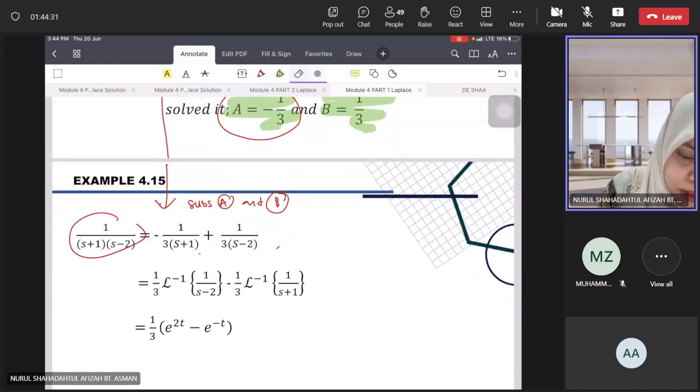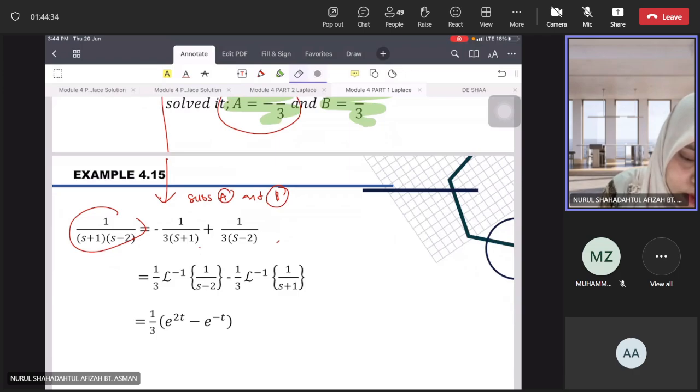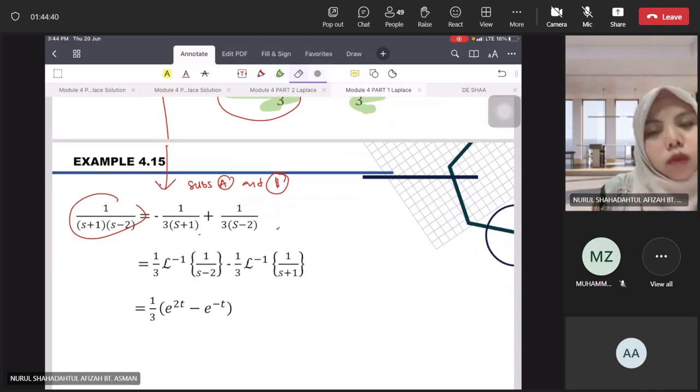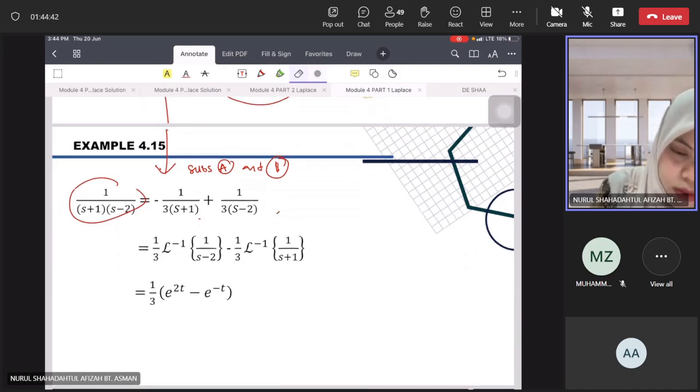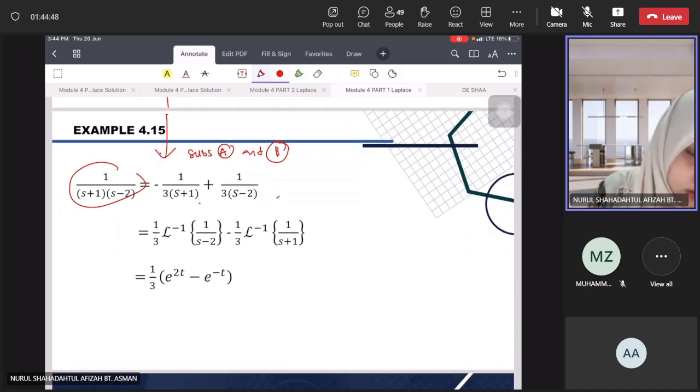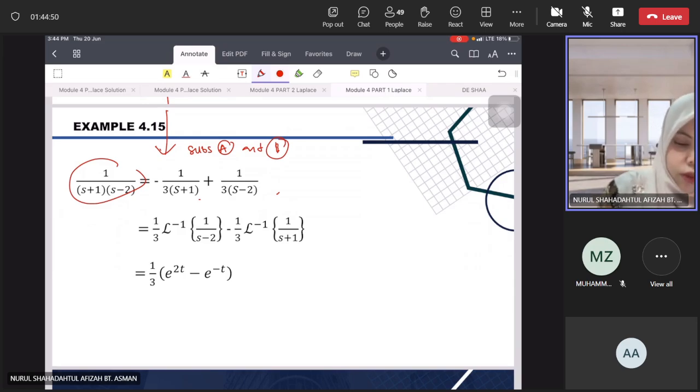It's almost the same because this one is negative. The arrangement is different, but it's almost the same if you do this first and then this first. So you get your final answer.